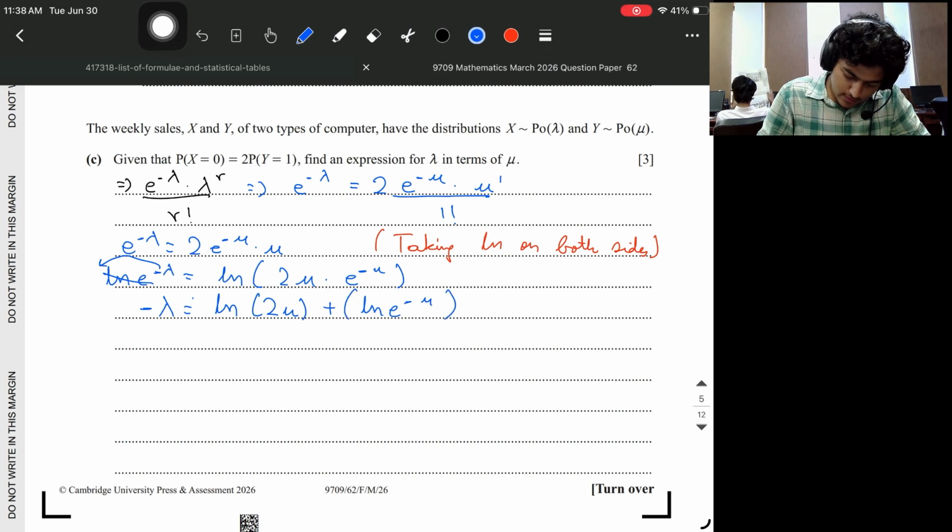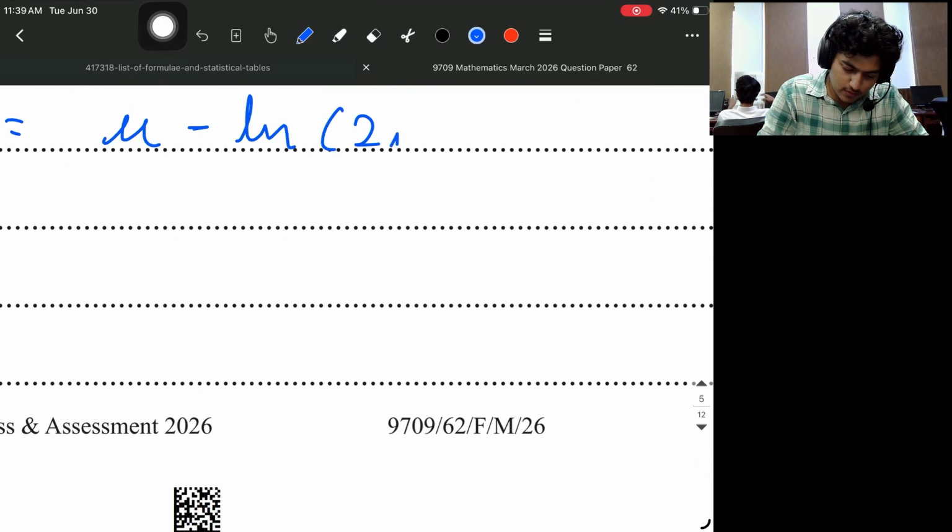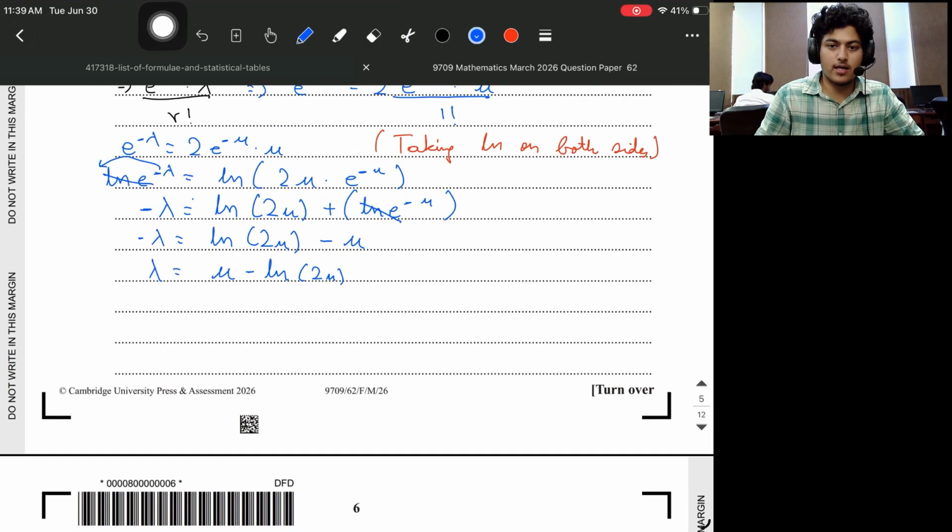And if we solve this further, we'll get minus lambda equals ln of 2 mu, this will cancel out, minus mu, right? And lambda would then equal, just flip the equation, mu minus ln of 2 mu, and that will be your final equation.